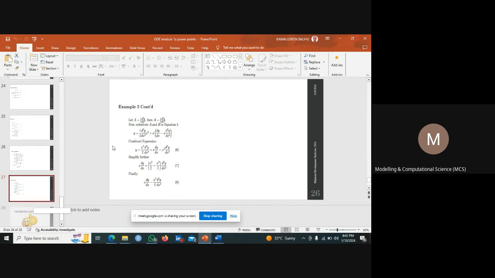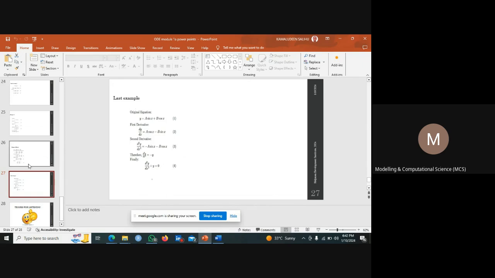So the last from our class today is this. We've not solved anything concerning trigonometry, but our last example talks about that.